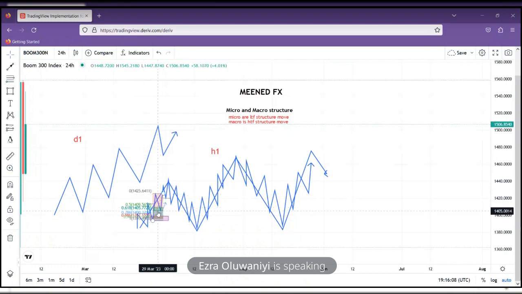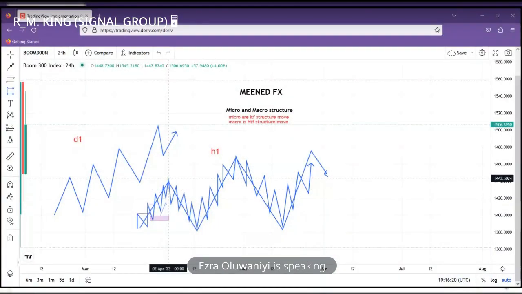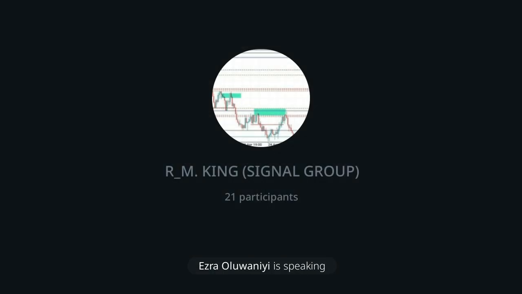Now, a lot of persons have been wondering how I took my lower time frame entries and others. So I'm going to go to the chart now. Virtually the same way you took advantage of this push phase, you can take advantage of this retracement phase. The only problem is price might not start reversing here.